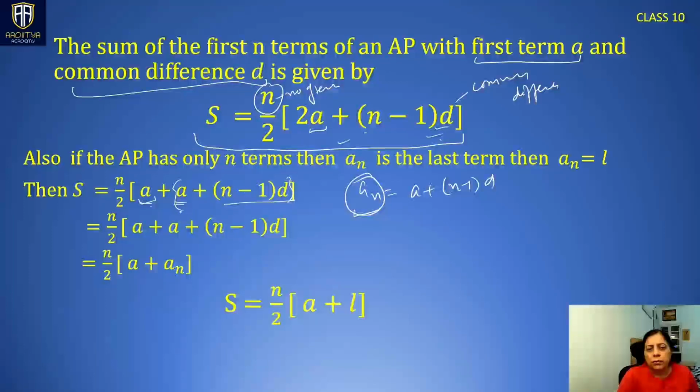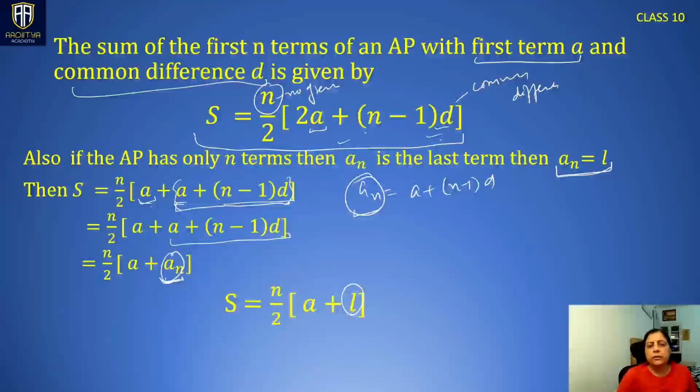So I am replacing this a plus n minus 1 d by an. If an is the last term of the sequence, and there are n terms in the sequence, then this an can be replaced by l, where l is the last term.